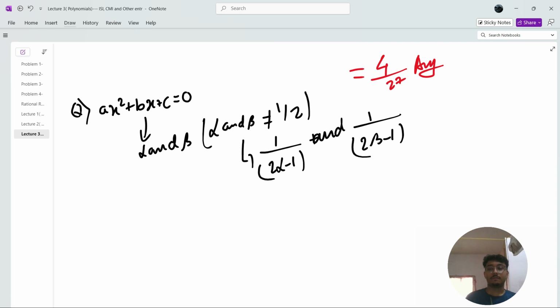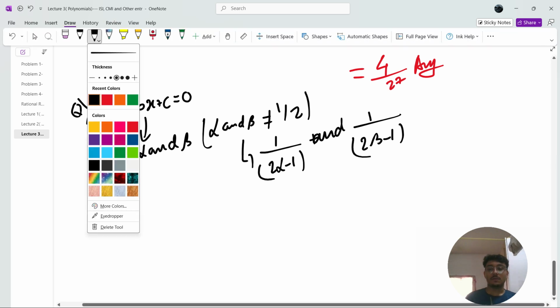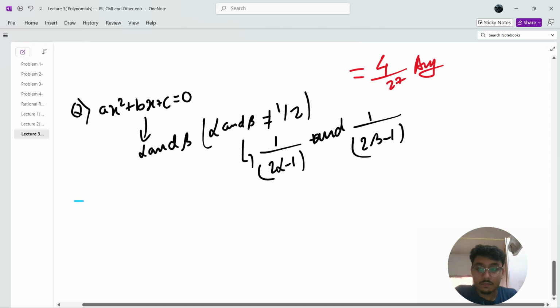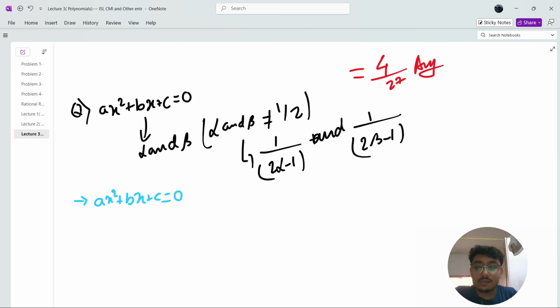Let's start. So my ax square plus bx plus c equals 0. So roots are alpha and beta.